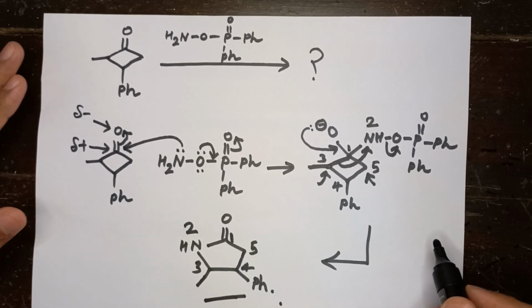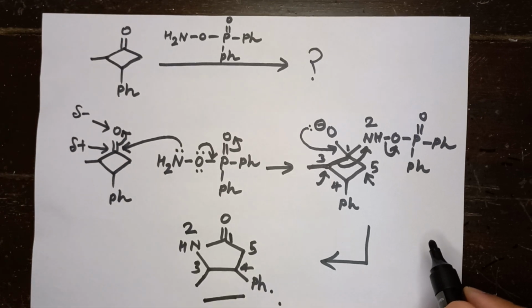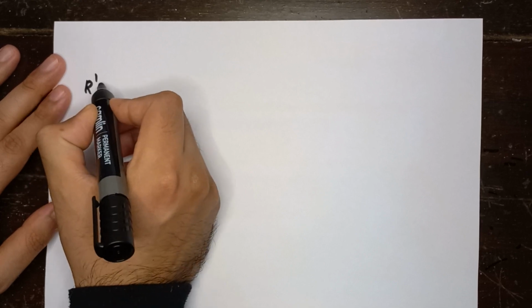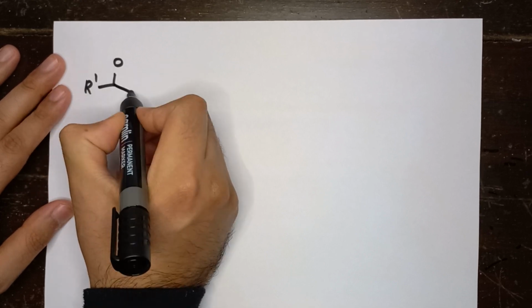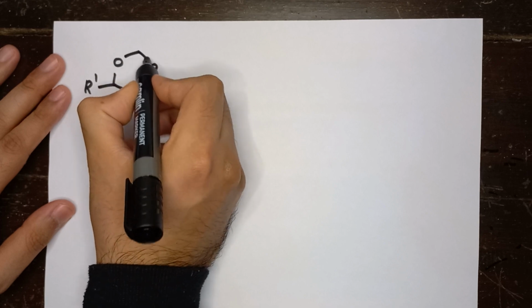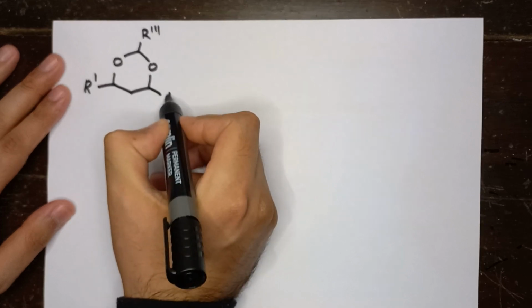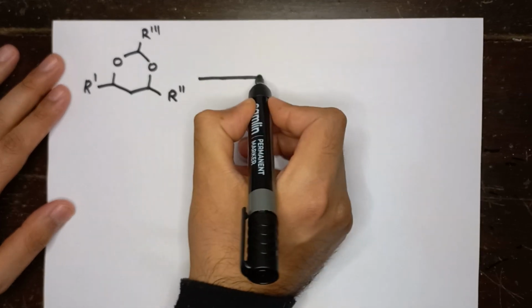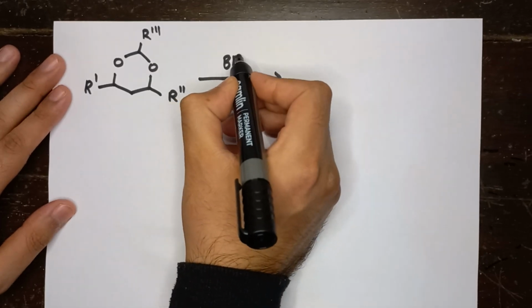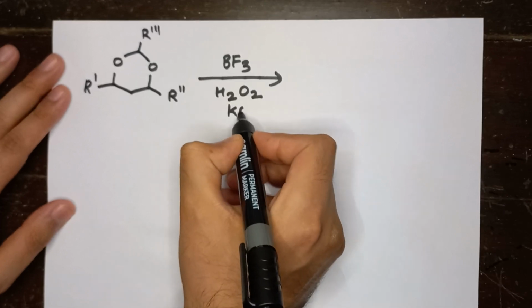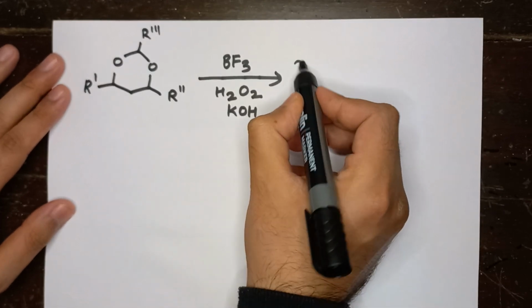Now let's solve the second question. Okay, so we have the reagent as BF3, hydrogen peroxide under basic condition, and we are getting some product.